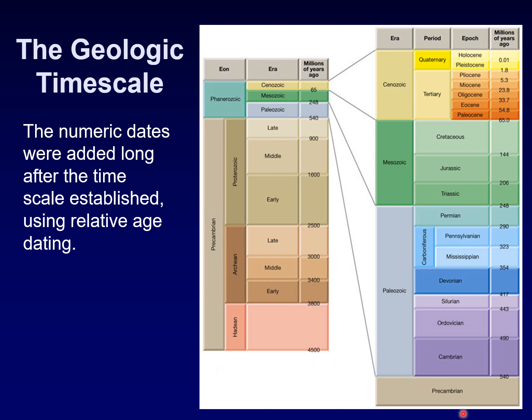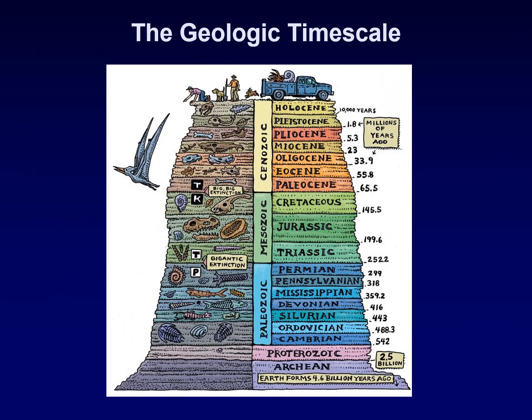But then when they started to do absolute age dates, where they found intrusions cutting across the Cambrian, or volcanic ash in the Triassic, or something like that, they found that the order they had put everything in corresponded exactly to the ages they were getting from radiometric dating. So pretty cool. And so that's the geologic timescale as we have it today. And that's going to be our next lecture.